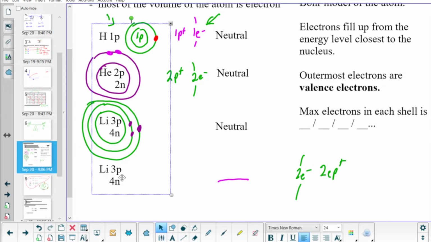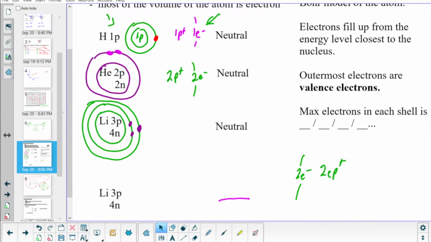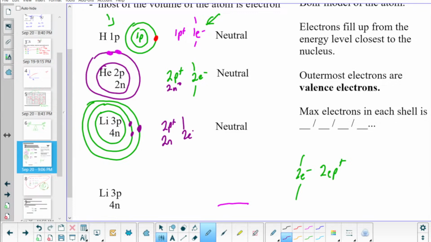And I'm running out of room. So I'm just going to give myself more room. I'm sure you can do the same thing. Oh, and I forgot to put the new neutrons in here. 2 protons, 2 neutrons, 2 electrons, 1 electron. And the most likely charge for lithium is?